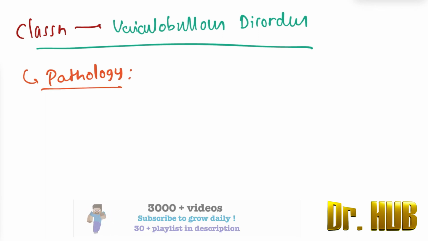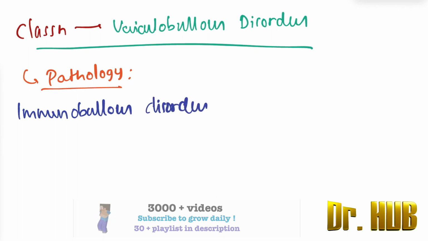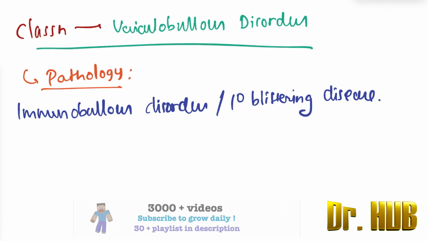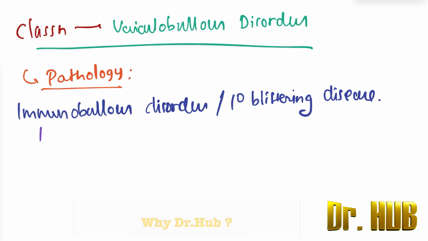According to the pathology, there are immunobullous disorders, which are primary blistering diseases, and they occur due to autoimmunity.